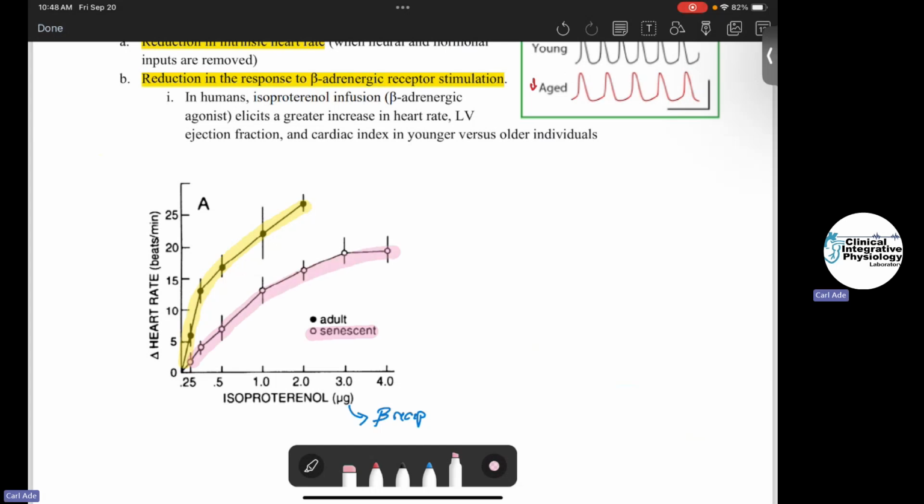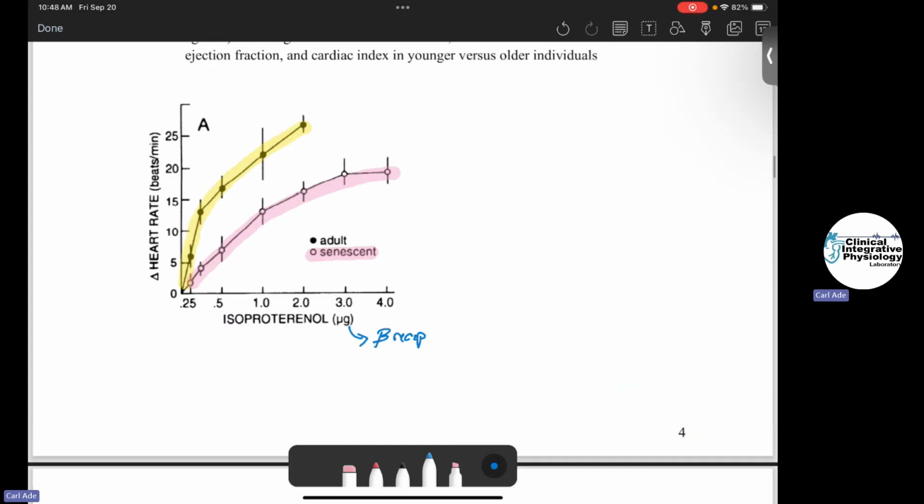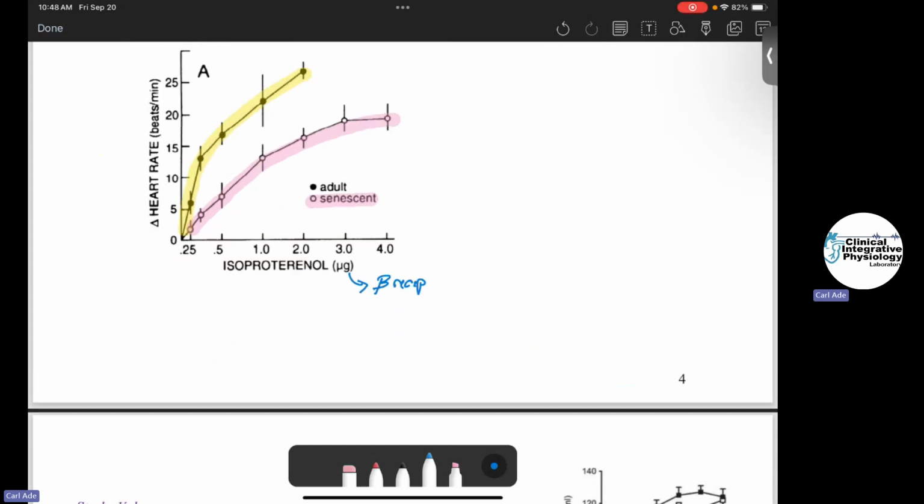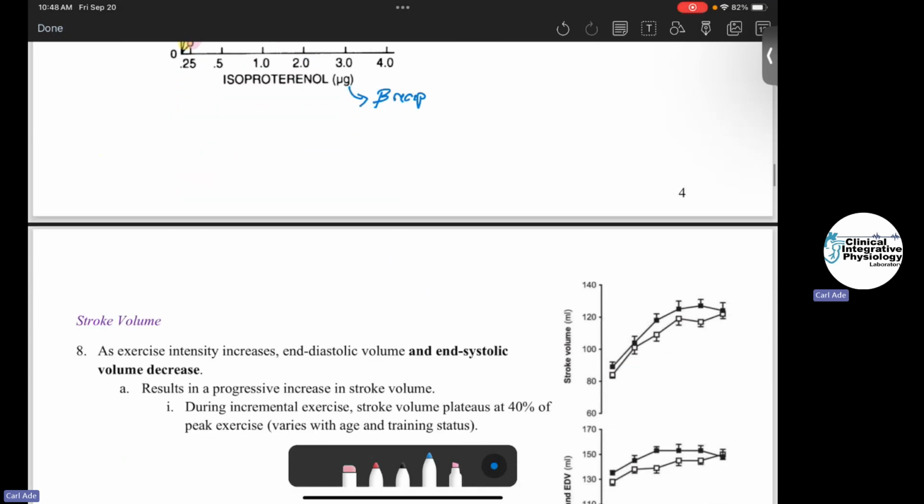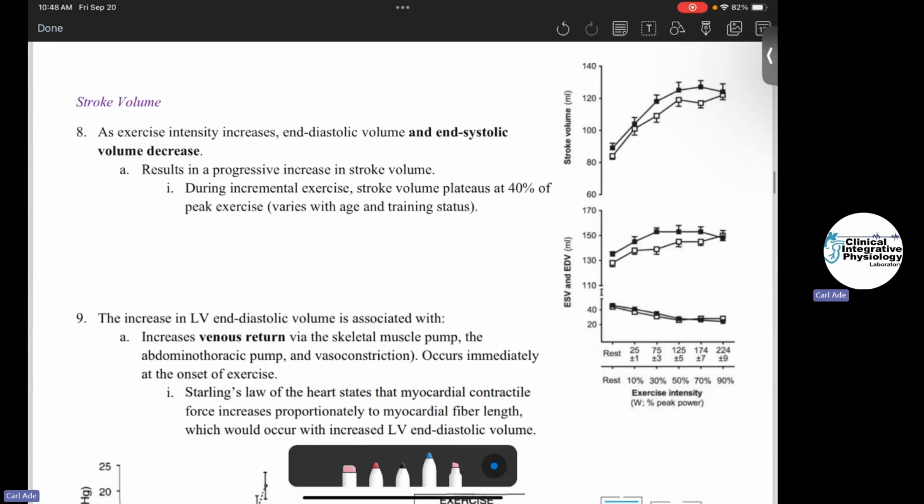So that means that those beta receptors are not responding as well to stimulation. So as sympathetic nerve activity increases, there isn't as big of an increase in heart rate as we age. And that's a major contributor to why you have a lower maximal heart rate with aging, and therefore contributes to the lower cardiac output that we see with aging.